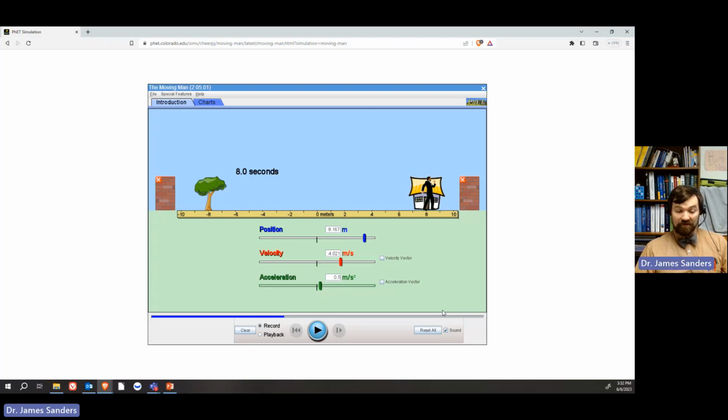In principle, you could also use this to double check the work on some of your homework problems, if you're going through homework problems that have a position, velocity, acceleration, that kind of stuff, so long, of course, as you are keeping yourself between about minus 10 meters and 10 meters.